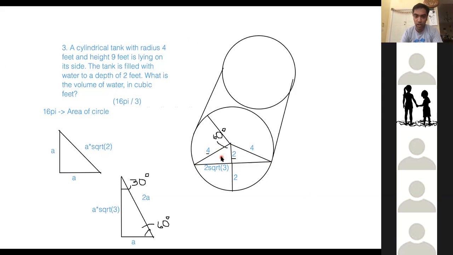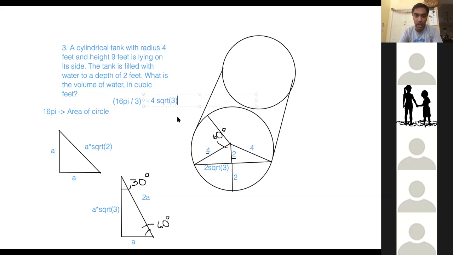And we want to count that twice, right? So we want a total of 4 square root of 3. So this area is 2 square root of 3, and this side is 2 square root of 3. So we want to subtract from the 16 pi over 3 minus 4 square roots of 3.